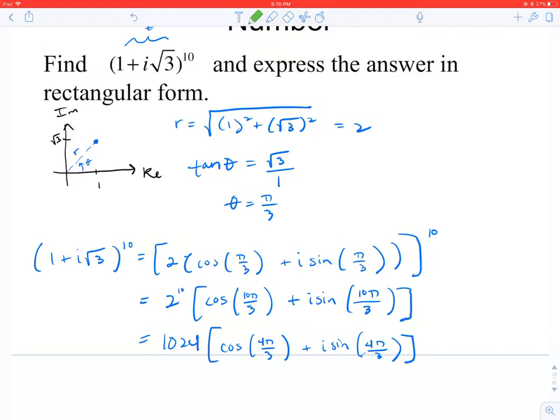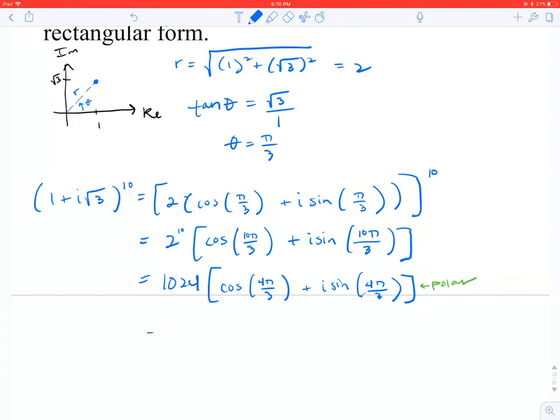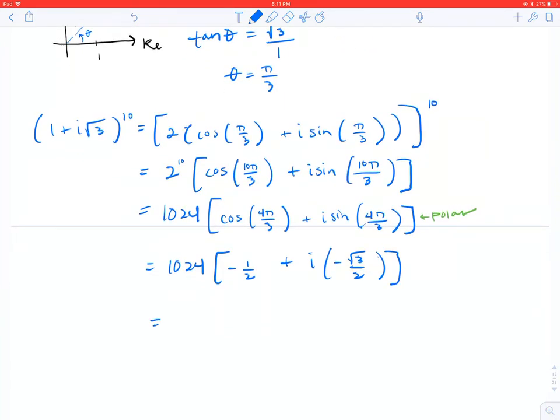Okay, so this is 1 plus i root 3 raised to the 10th power in polar form. And why don't we simplify to also look at it in rectangular form. So cosine of 4 pi over 3 would be negative 1/2. Sine of 4 pi over 3 is negative root 3 over 2.